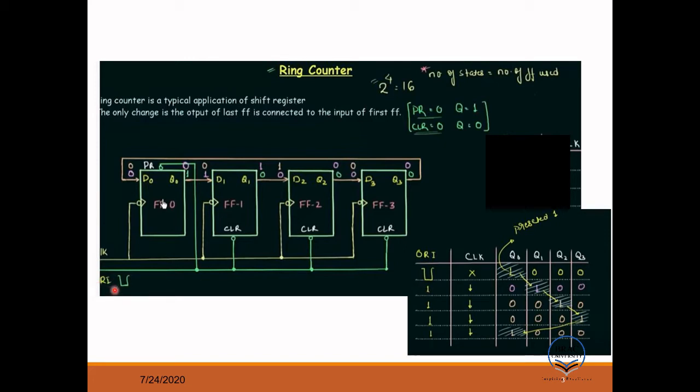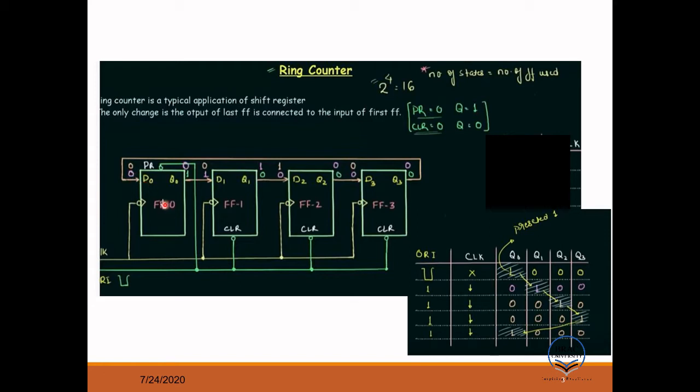Override high means it got deactivated. That means all the registers will now act as a synchronous counter, you can say, activated through the clock. As it says, it's a falling edge clock, so it will activate on the falling edge of the clock. So initially, the green color, this 0 will be coming here, so its input will be 0, right?